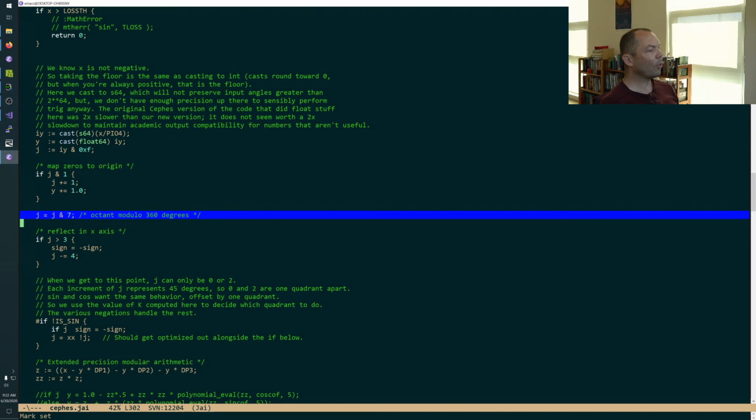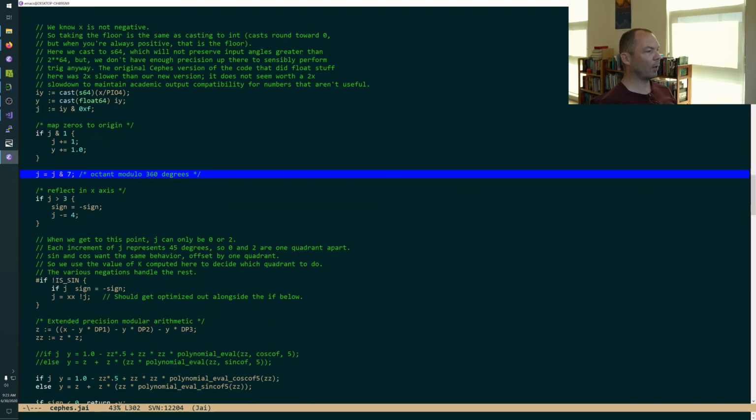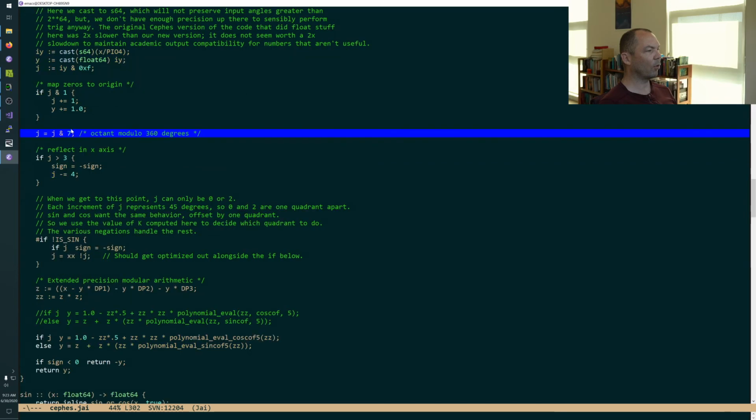Okay. Also, I want to decide what to name these things. So you might not have been on here yet, Sean, but I was noticing this code does a thing that a lot of this code seems to do, where it reuses variables for totally different purposes, and that gets confusing. So this y here is something about which octant we're in, but then down here it just becomes the result.